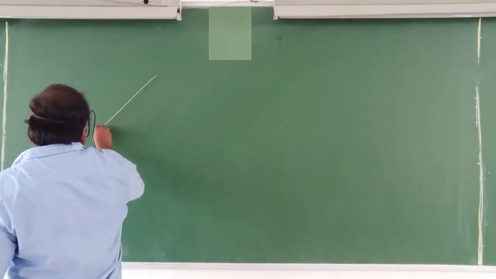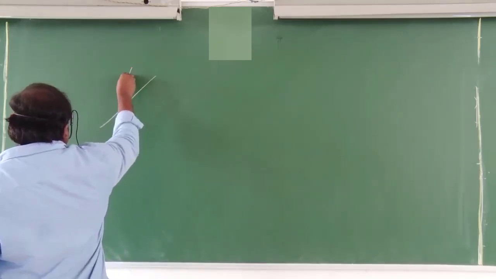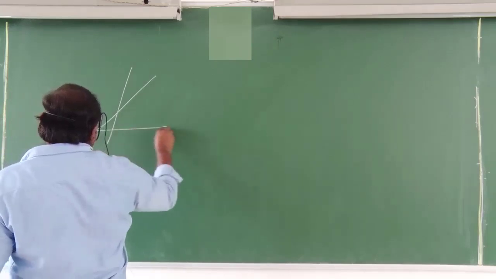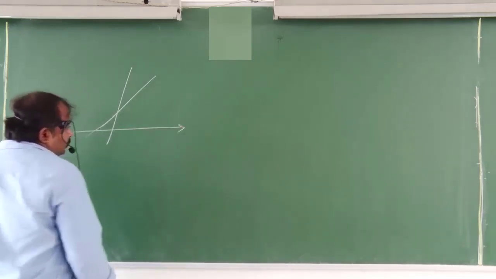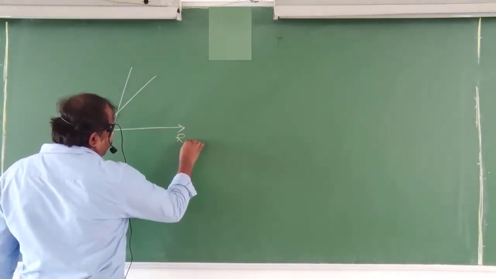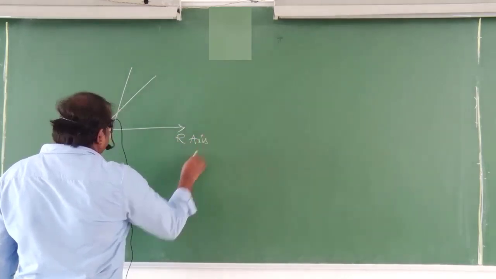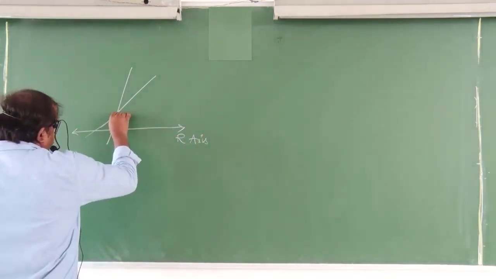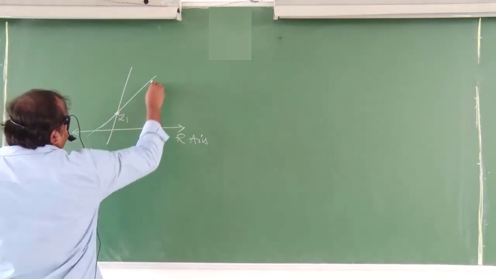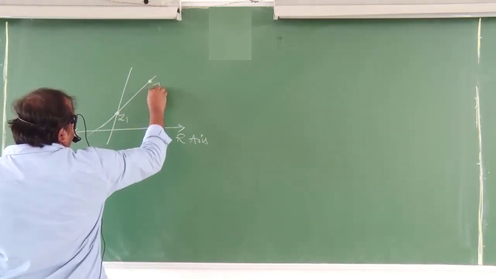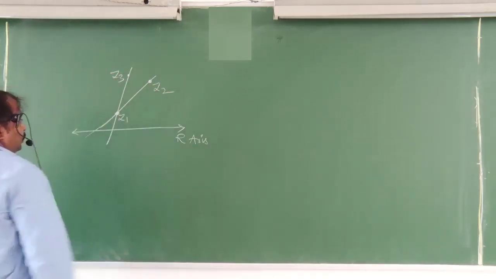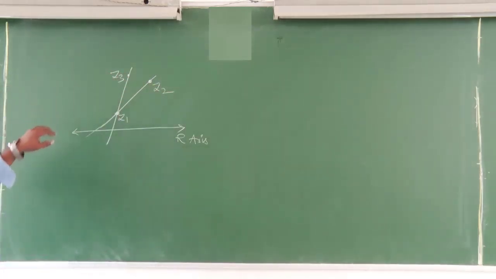For example, two lines I can take like this. Two lines. Let this be a real axis. Let this be Z1. Let this be Z2. Let this be Z3.